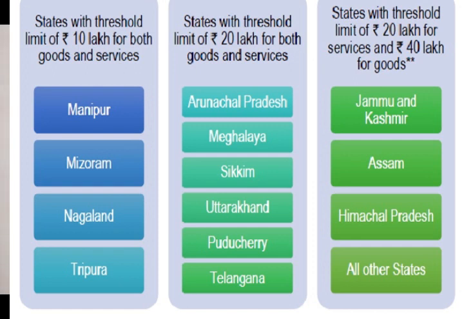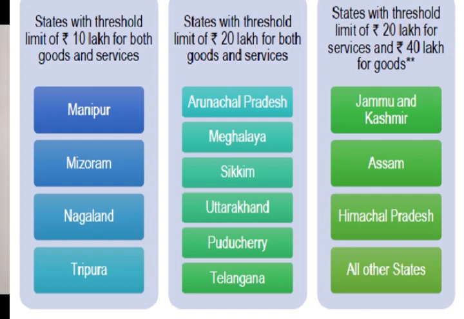States with a threshold of 20 lakhs for goods and services and 40 lakhs for goods are Jammu and Kashmir, Assam, Himachal Pradesh and all other states other than those mentioned. So this is a very important table to remember. Especially the last one is very critical because it has 2 varieties in it. The threshold is 20 lakhs for goods and services and 40 lakhs for only goods, for J&K, Assam, Himachal and all other states.